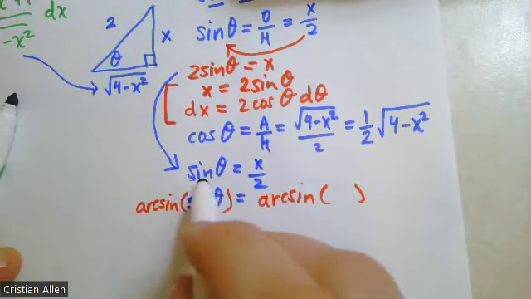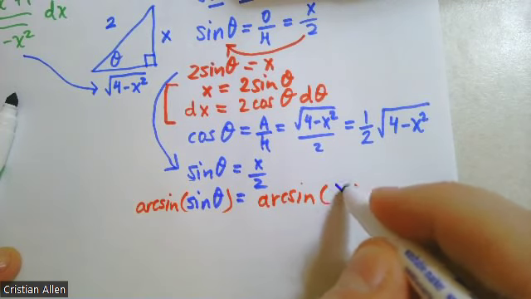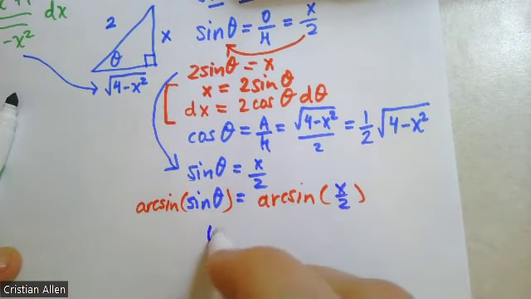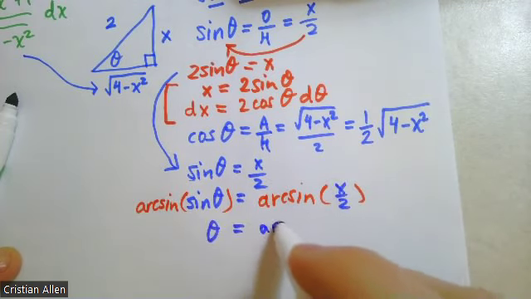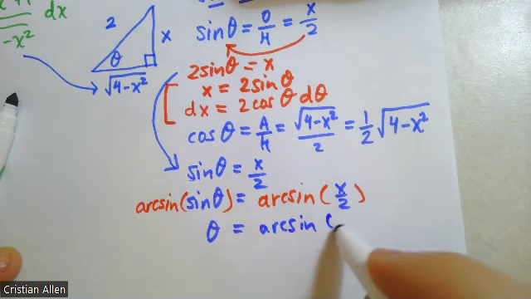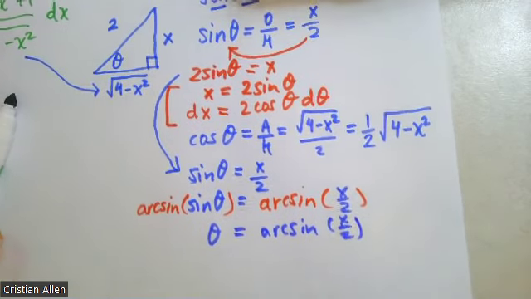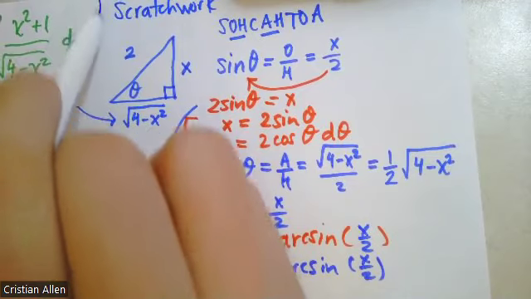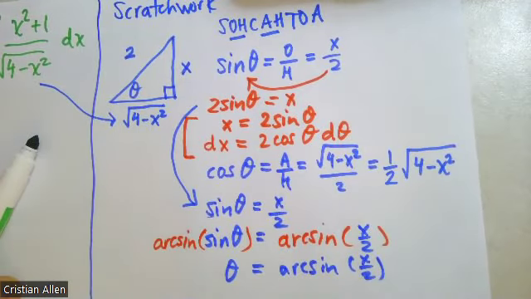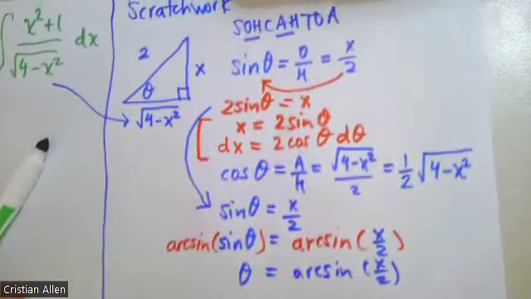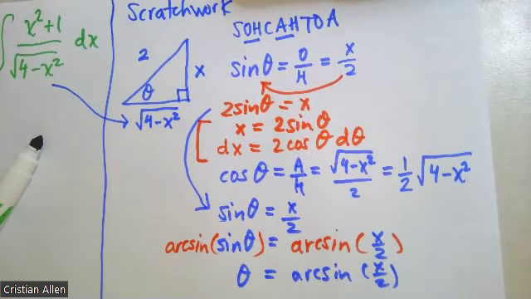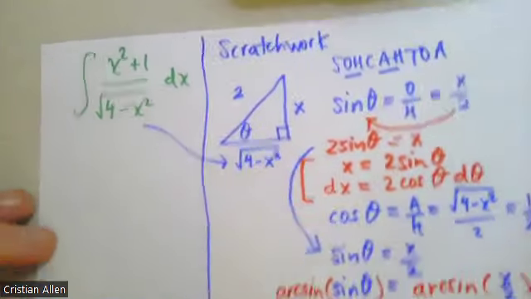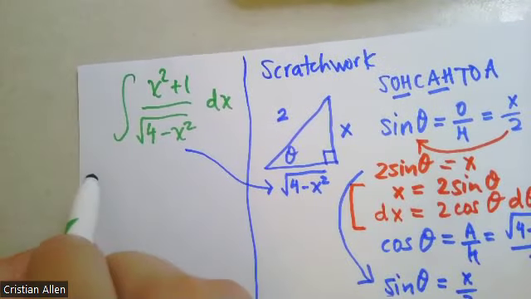We have to get rid of the sine part so that we are left with just theta equals arc sine of x over 2. All right, so all of these little pieces we're going to come back to. It's quite a massive scratch work section. And we'll come back and grab various pieces there as we need them.